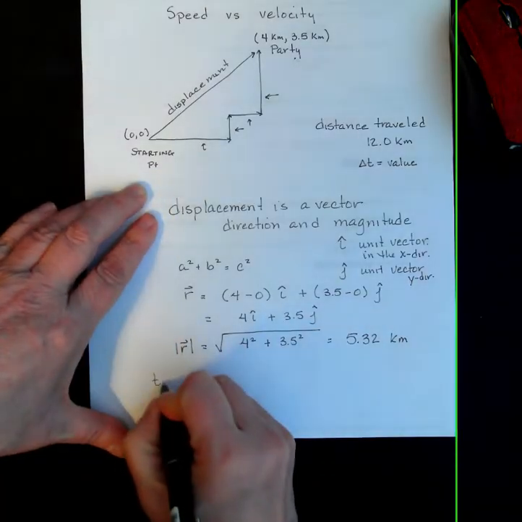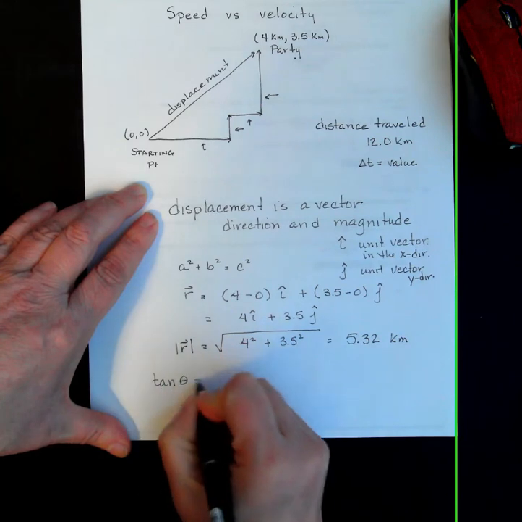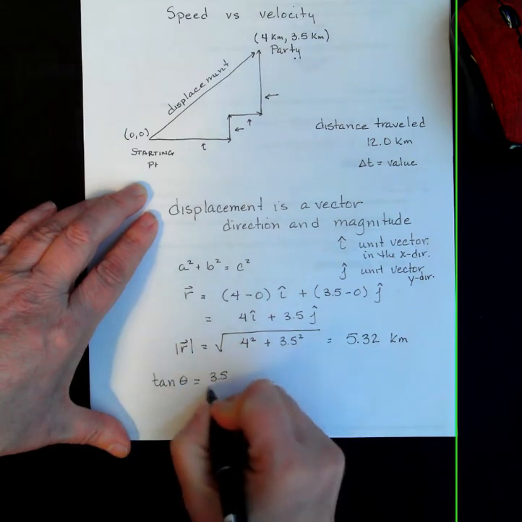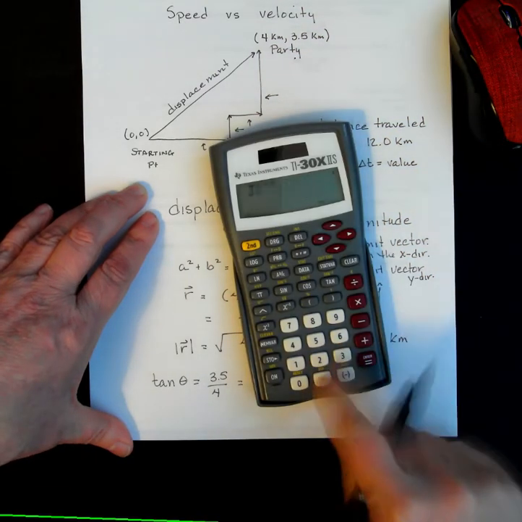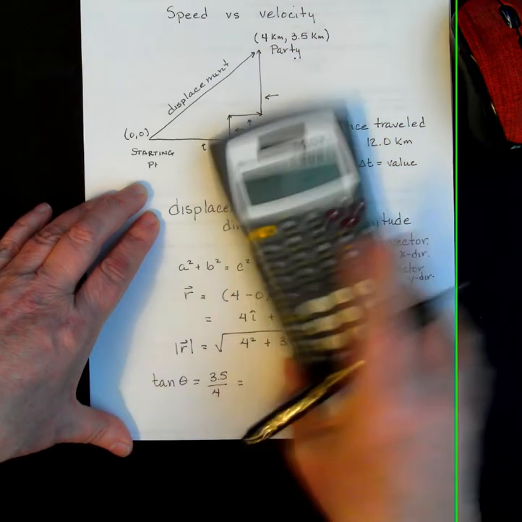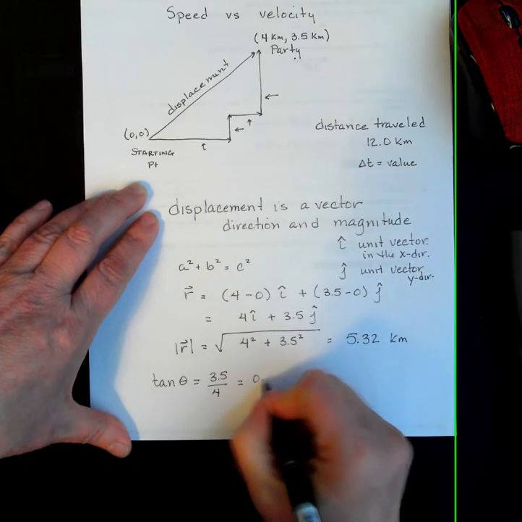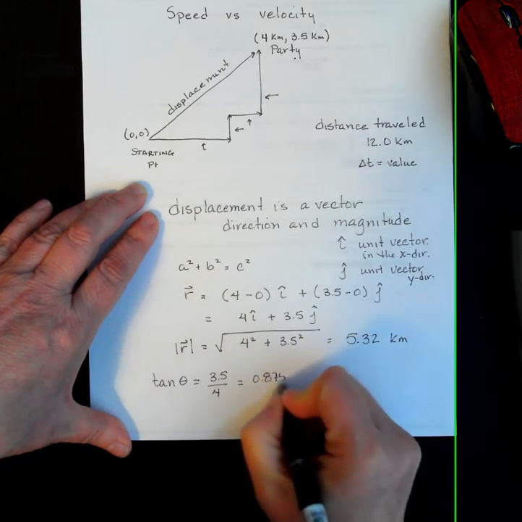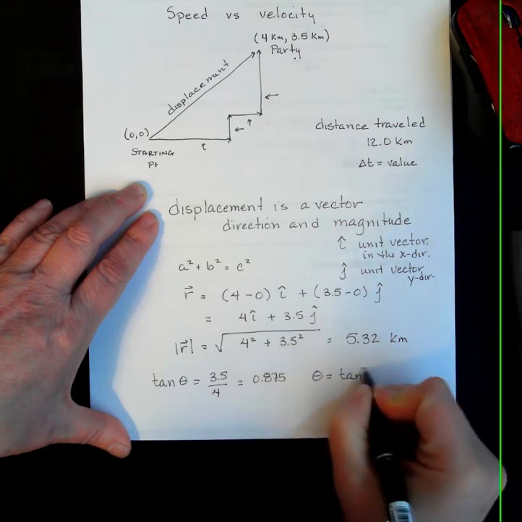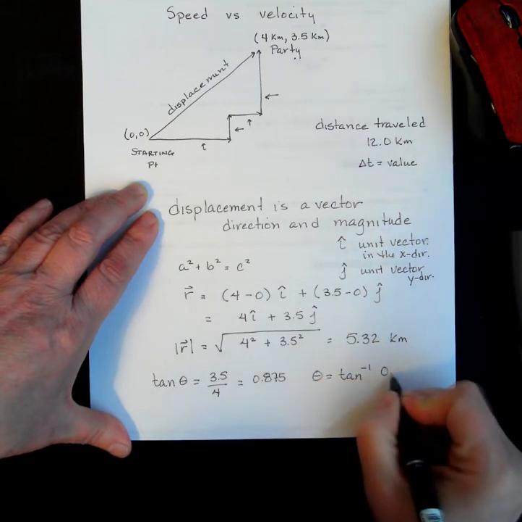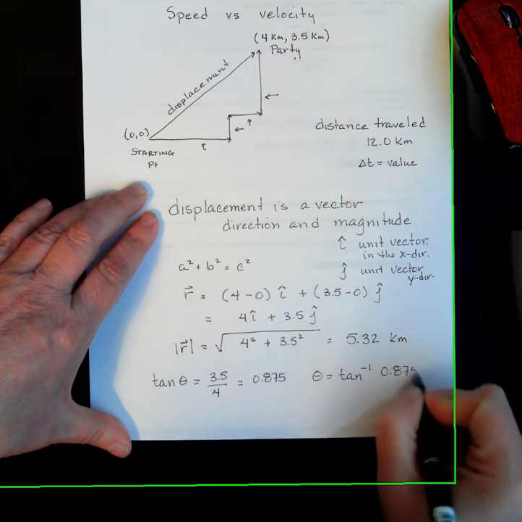So the tangent of my angle is going to be 3.5 divided by 4. And if I do that, that's 0.875. And then my angle is going to be the arctangent of 0.875.